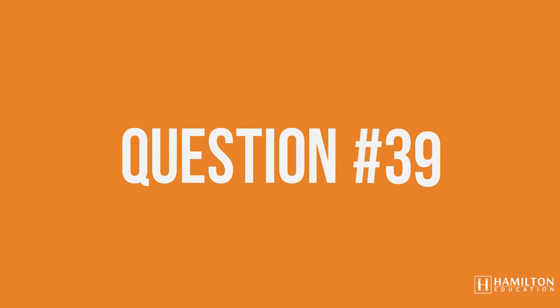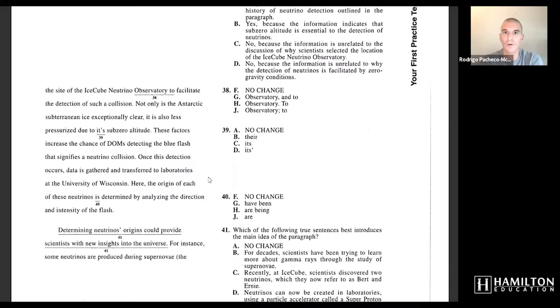Question 39 is a pronoun question, but we're also looking at easily confused words. I'm going to read the sentence here for some context, and then we'll talk about the different answer choices. So not only is the Antarctic subterranean ice exceptionally clear, and this is going to be important, it is also less pressurized due to blank sub-zero altitude.